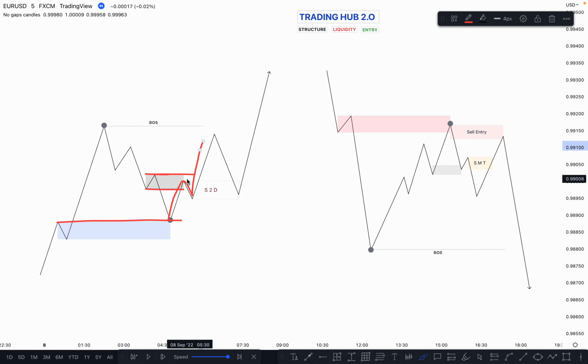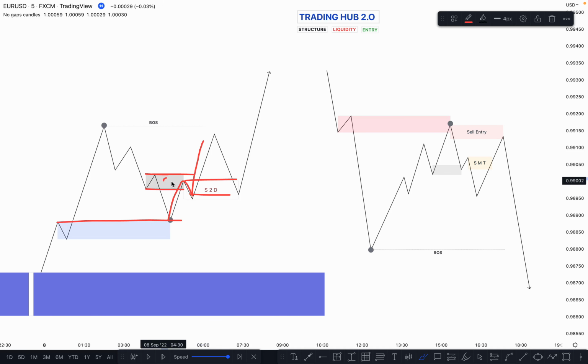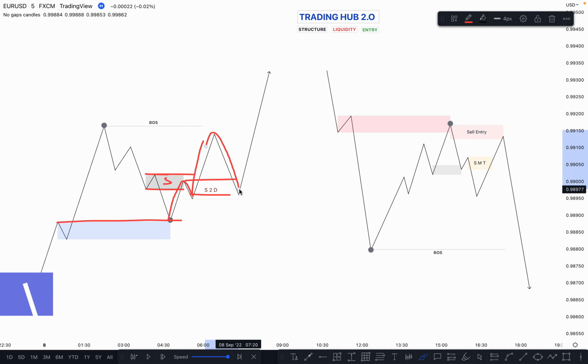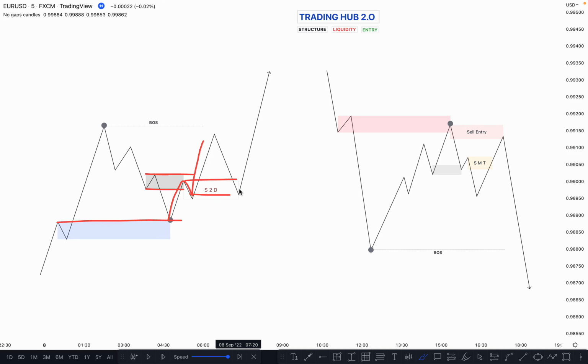Market created another demand zone here, possibly on this level, and this is also called demand to supply, supply to demand. In this case, this becomes our supply to demand, right? So you can say S to D. In the next attempt, when the market comes back to this level, you can buy here, and this is our good entry for the buy. But you have to remember two more things before the buy here.